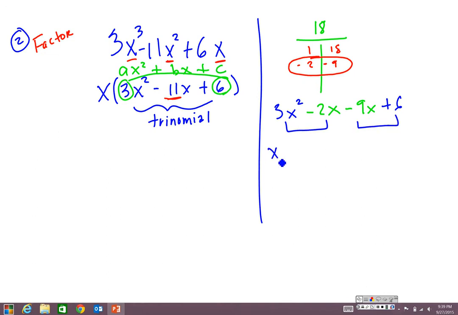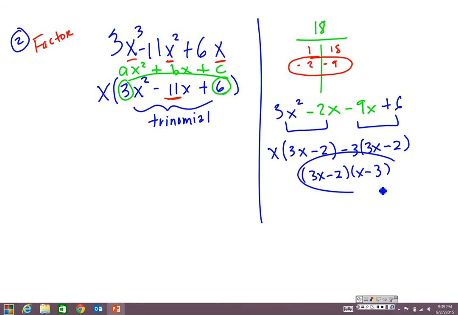So we take out an x here. When we take out the x, we're left with 3x, because x times 3x is 3x squared, minus 2. And what we can do is take out a negative 3 here, and we will get 3x minus 2 as well. Therefore, we have 3x minus 2 times x minus 3.